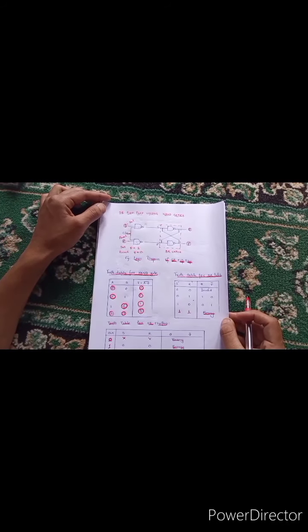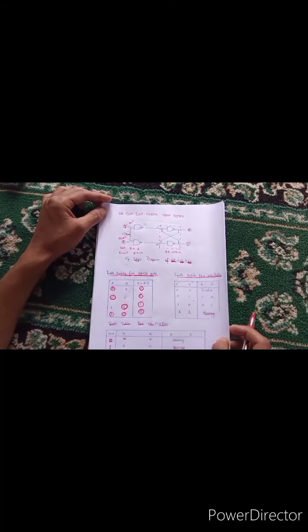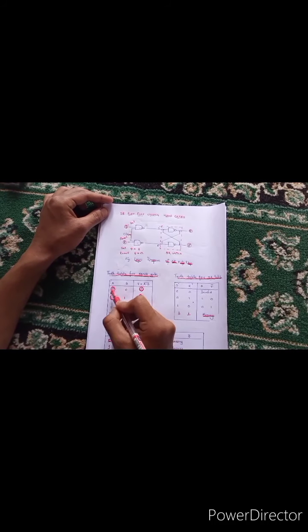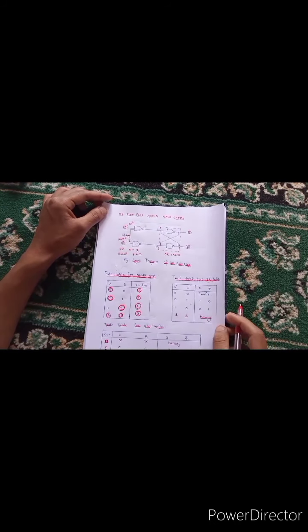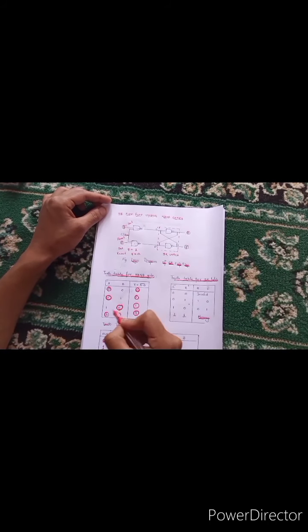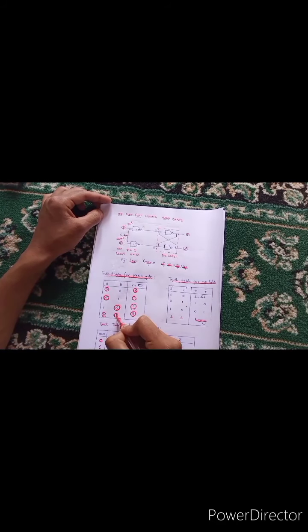If you observe the truth table of NAND gate, we will find that if any input of NAND gate is 0, then its output will be 1. Similarly, if the two inputs of NAND gate are 1, its output is 0.